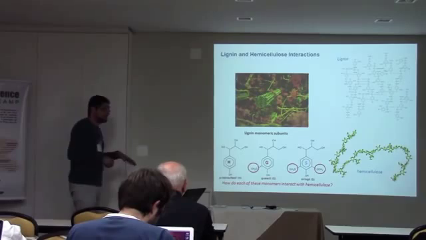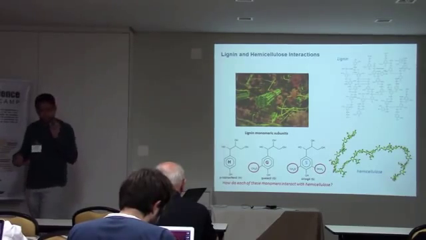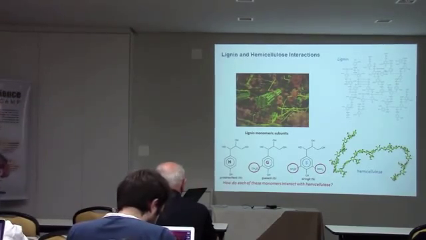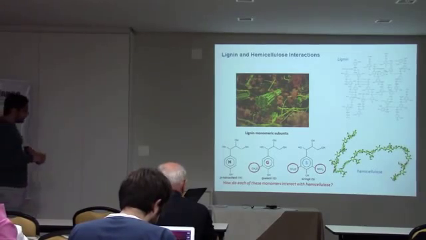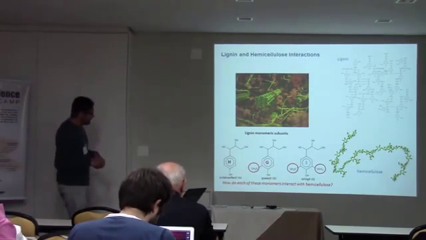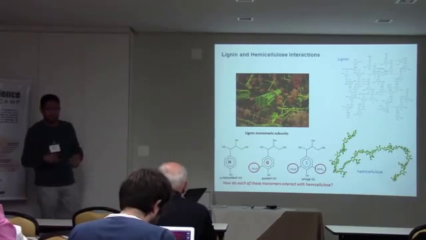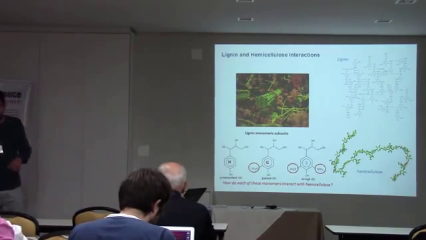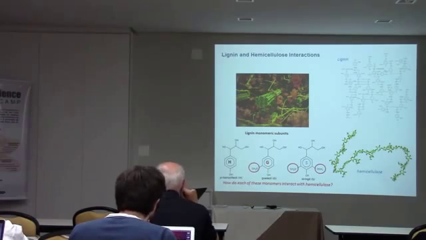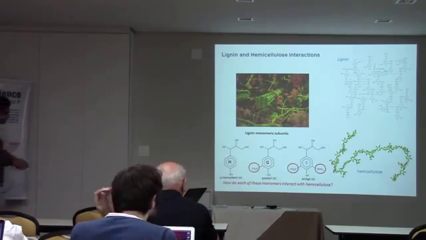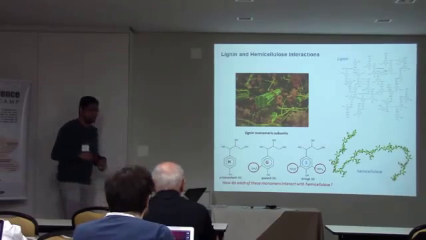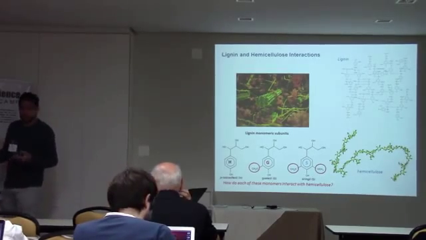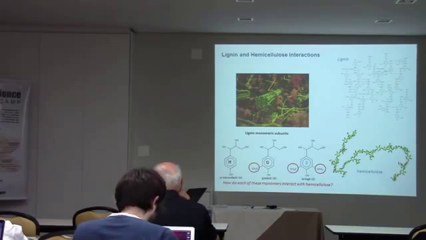But lignin is made of basically three different units, the H, G, and S lignin, which differ from each other by these methoxy groups attached to the aromatic rings. So the question is how lignin monomers interact with the hemicellulose, and what is the effect of these methoxy groups in these interactions.